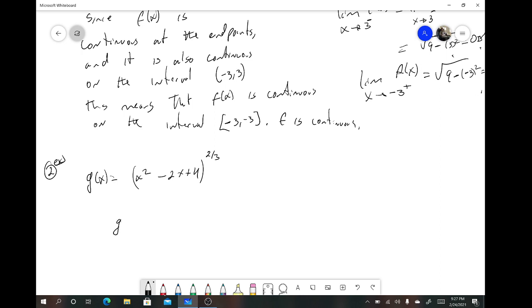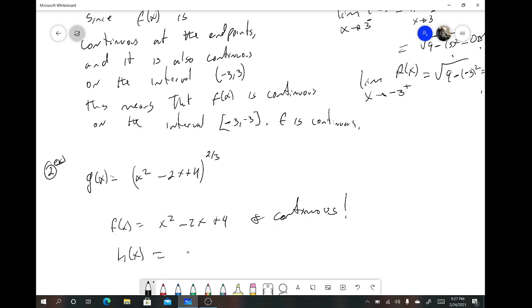So we could say, use a different name, f of x is simply the polynomial x squared minus 2x plus 4. And this is continuous because we know that polynomial functions are all continuous.